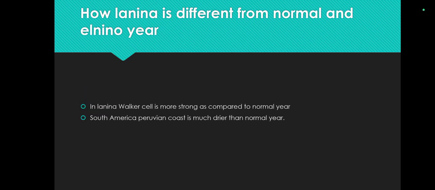So here you have to compare La Nina with the normal year. The high pressure and low pressure are the same as at South America and the east Australian coast, but they now become a stronger high pressure and a stronger low pressure. So this condition of change in high pressure and low pressure is known as La Nina.